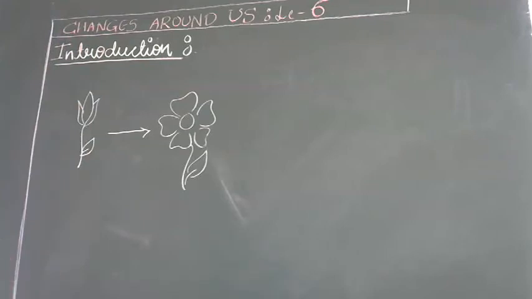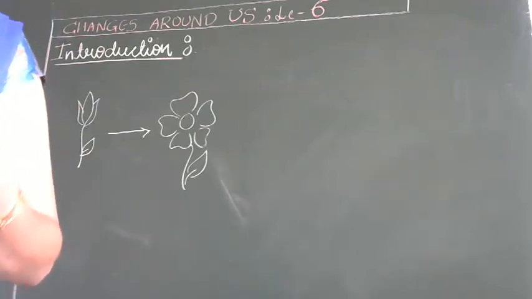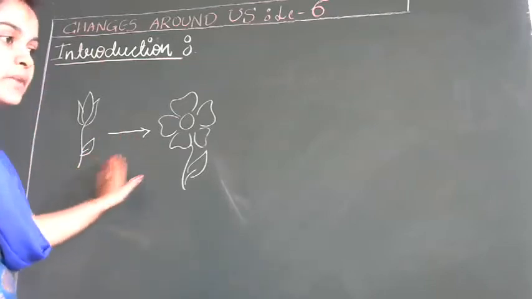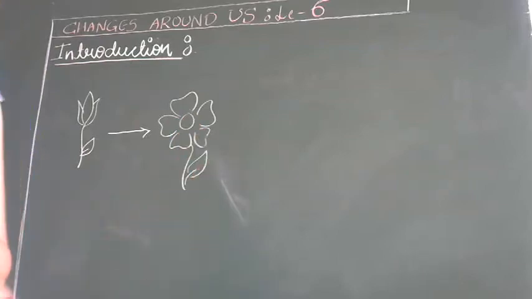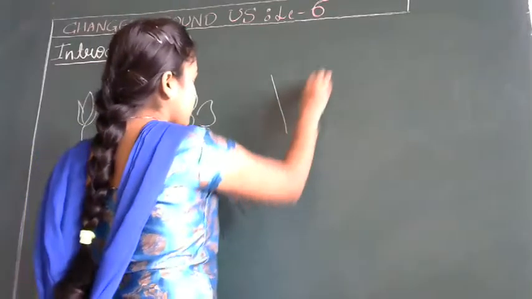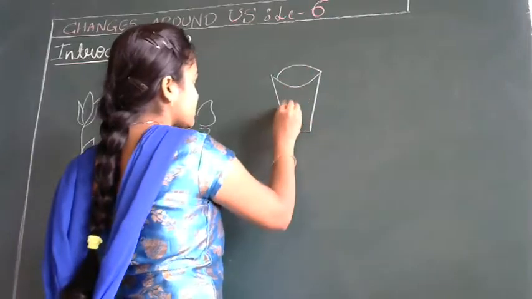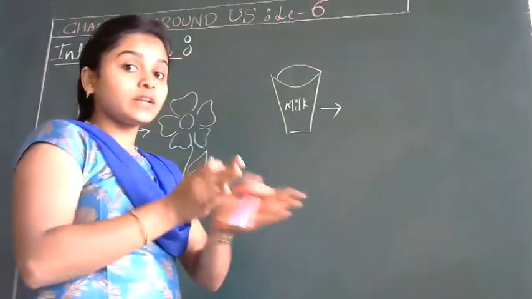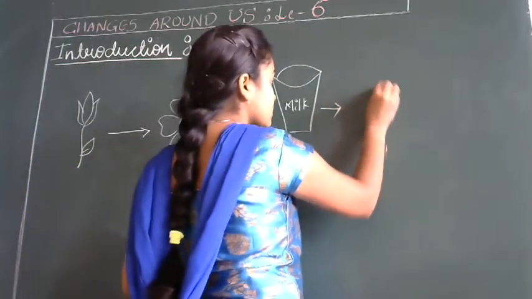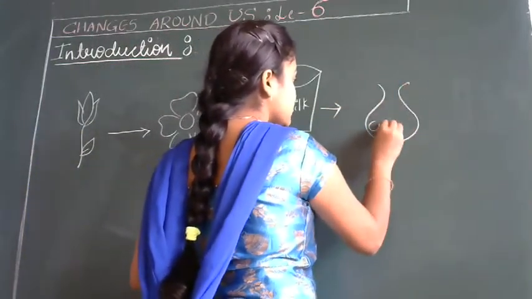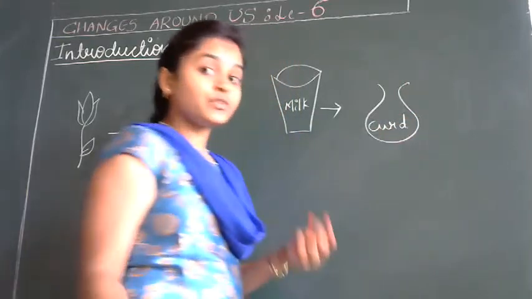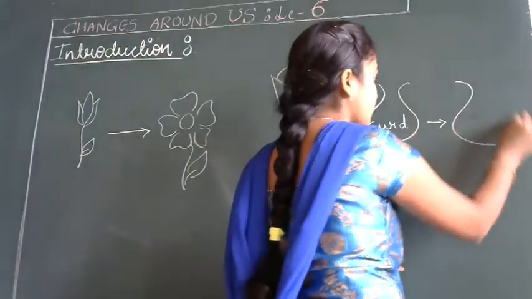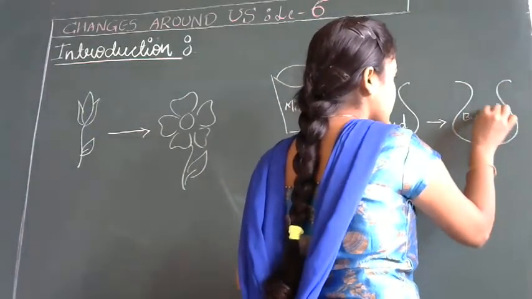There are many kinds of changes, different varieties, like a bud becoming a flower, then milk. If you take milk and churn it, you will get curd. And if you take curd and churn it again, you will get buttermilk.